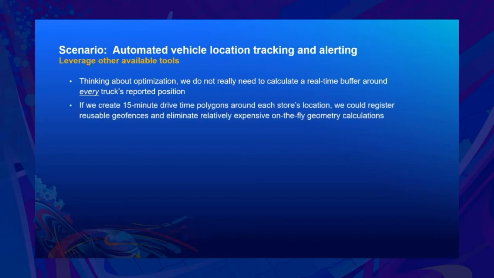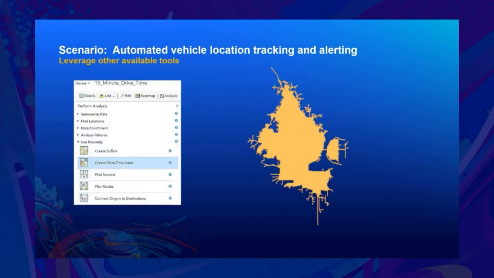Suppose that we were to create a hosted feature layer in ArcGIS Online and add the point locations of our stores. We could then use one of its proximity geoprocessing tools to create an average drive time area polygon around each store, which more accurately models a 15-minute approach for a truck. The proximity analysis would include street networks and average traffic at a specified time of day.